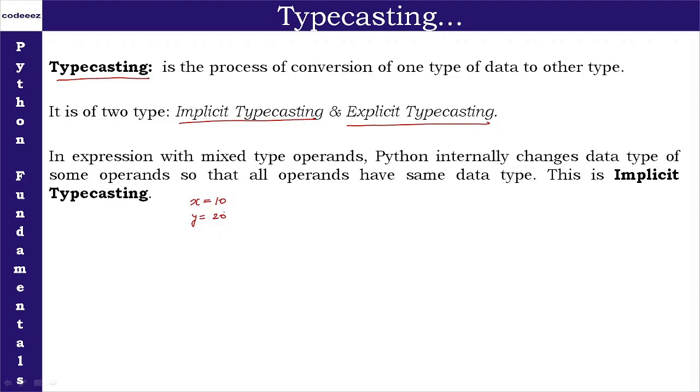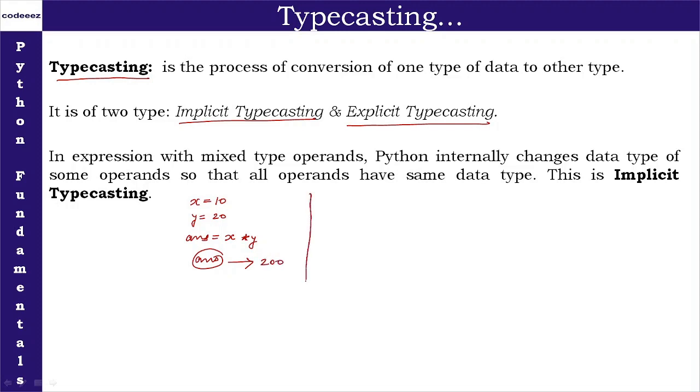It is a non-decimal number. Suppose we are accepting the product of x and y in the variable named answer, right? Now, when you print this answer, what result will you get? It is very simple. 10 into 20, that is 200, right?